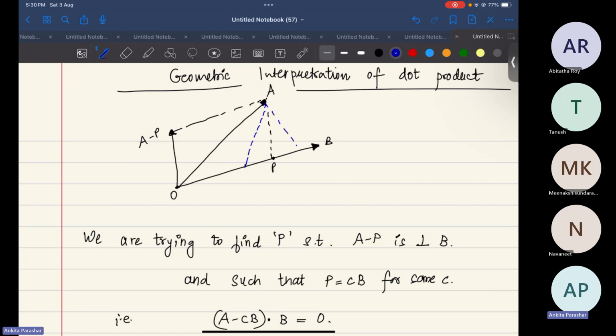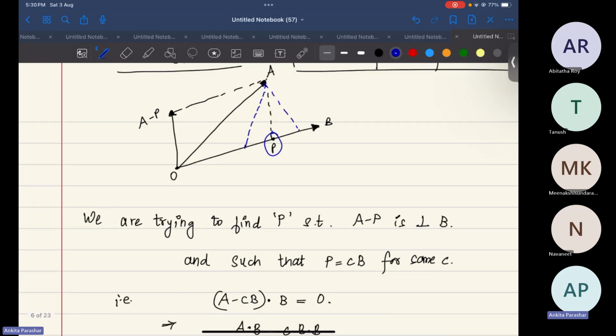If I project a vector like this, it is not perpendicular. But what we are searching for is a point P such that if I project my A to that point P on B, the projection becomes perpendicular to that line. That means the angle should be 90 degrees, not any other angle.